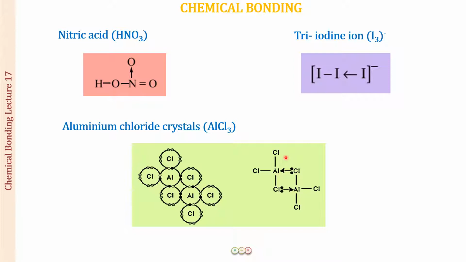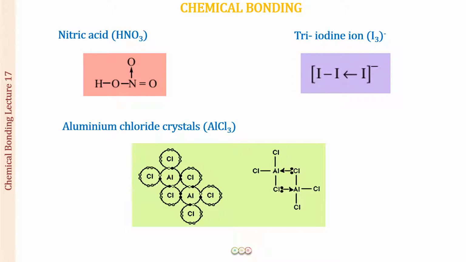How is it that so? This chlorine atom of the second aluminium chloride molecule is extending its lone pair of electrons to form a coordinate bond with the aluminium atom of the first molecule, and the chlorine of the first molecule, the lone pair is being extended to the aluminium of the second. Right, so one coordinate bond here, one coordinate bond here.